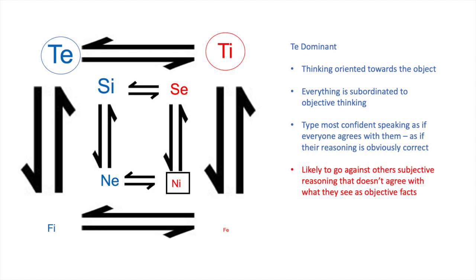In other words, they'll point to something external that they consider objective, and they'll build reasoning around that. And anything that goes against that, say an introverted thinking person talking to an extroverted thinker, the extroverted thinking dominant person is likely to go against that other person's subjective reasoning, because it doesn't agree with what they see as objective facts.